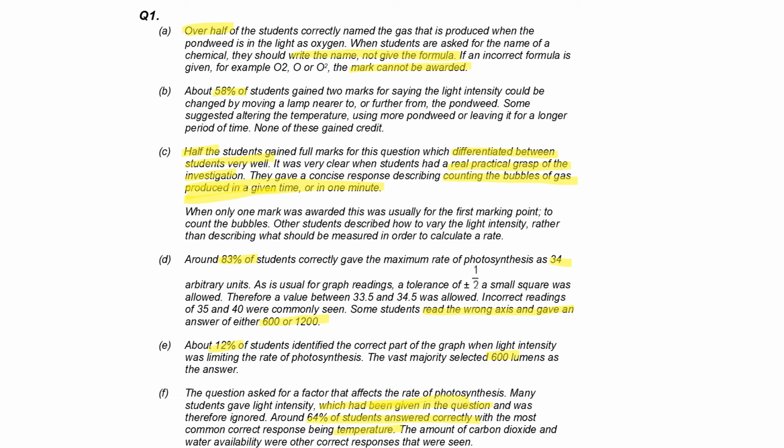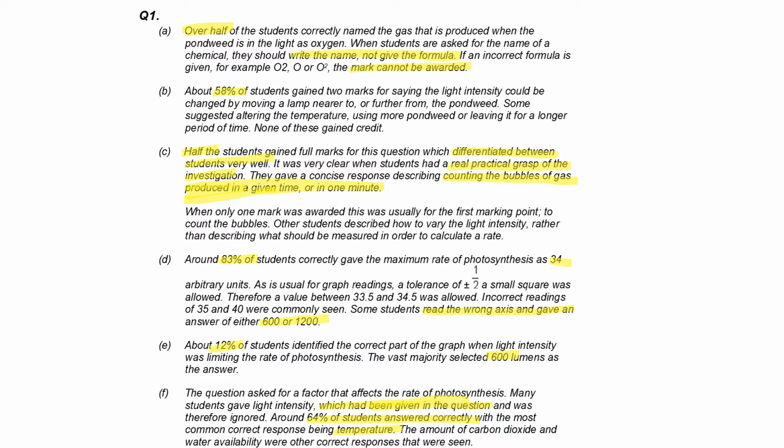Obviously, check the timer, and hopefully you'll see that we're well within the time to answer the questions. For question 1A, over half of the students correctly named the gas that is produced when the pondweed is in the light as oxygen. When students are asked for the name of a chemical, they should write the name, not give the formula.